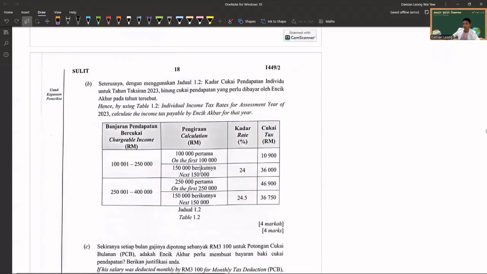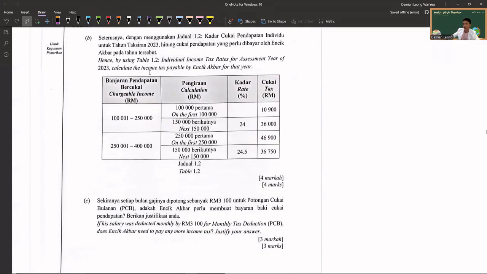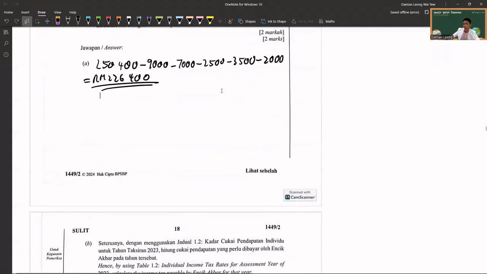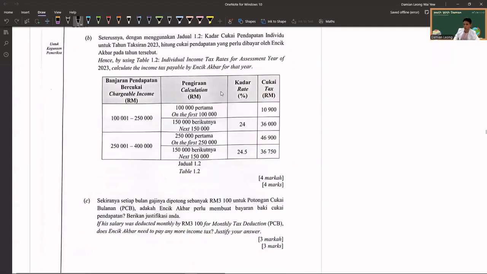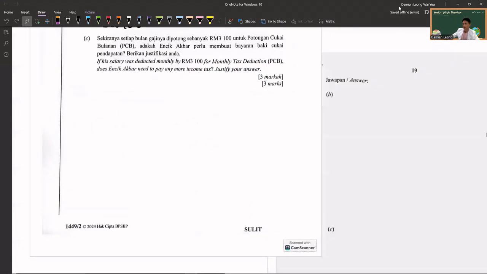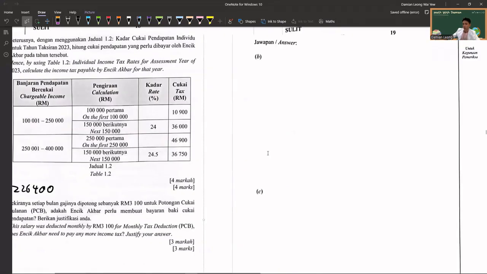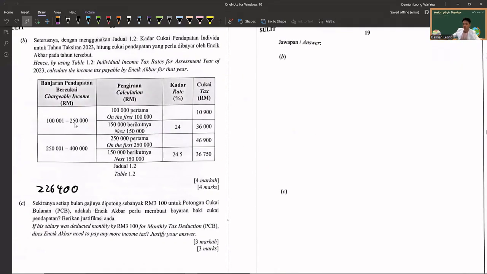Then part B. Hence, by using table 1.2 here, calculate the income tax payable by Encik Akbar for that year. So 226,400. It's within this income range, 100,000 to 250,000.